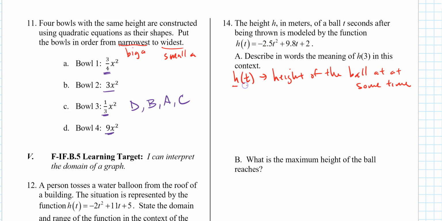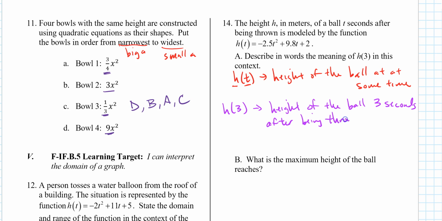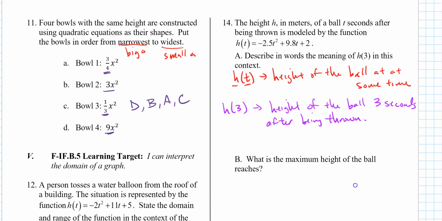So the height t seconds after being thrown, that's what the function gives us. So specifically, h of 3 would be the height of the ball 3 seconds after being thrown. That's it.